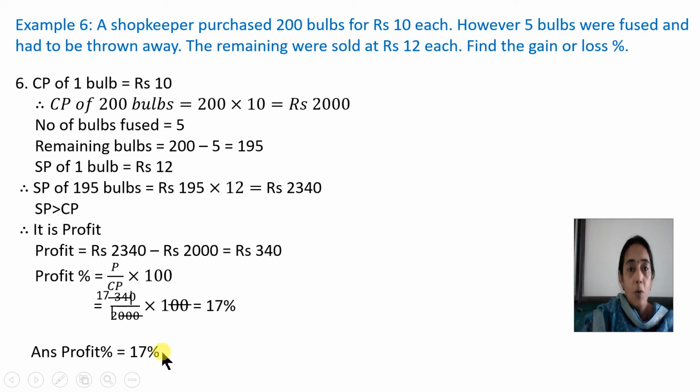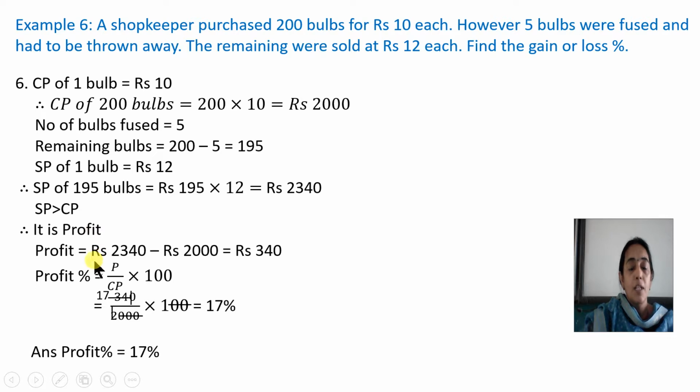So I hope you all have understood this. First find the cost price, then remove the fused bulbs, so find the remaining bulbs. After that, selling price: you find selling price of one bulb is given, so selling price of 195 bulbs you find out. Now equate: selling price is more than the cost price, therefore it is profit.